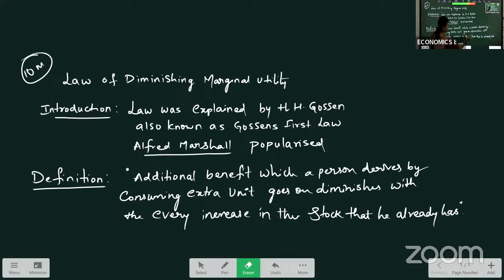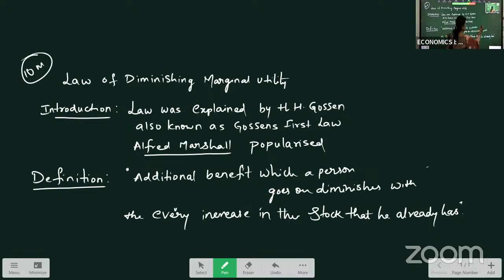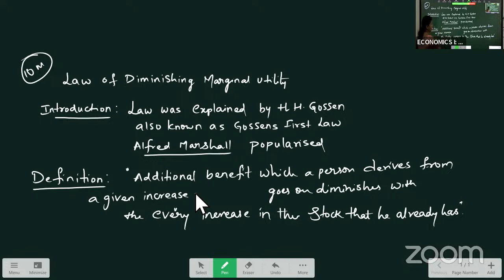Here you can write Alfred Marshall's definition as: the additional benefit which a person derives from a given increase of his stock of a thing goes on diminishing with every increase in the stock that he already has.